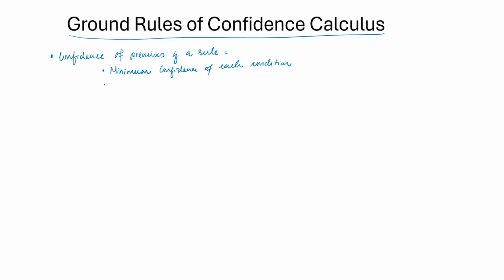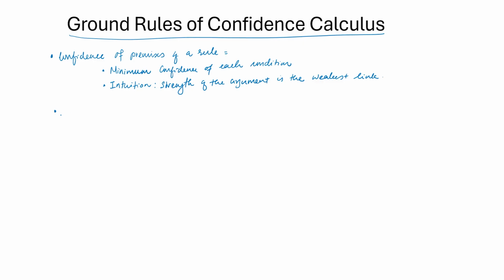The intuition is that the strength of the argument is the weakest link. Okay, the strength of the argument is the weakest link. So, that is the first one.